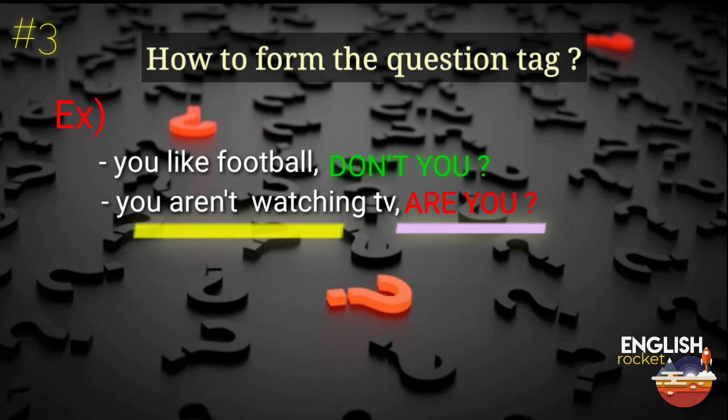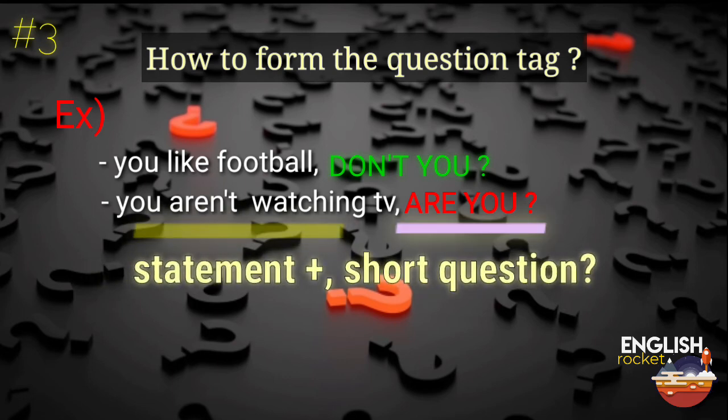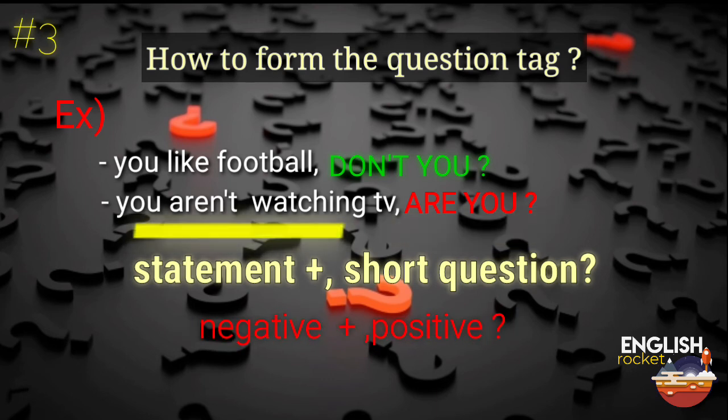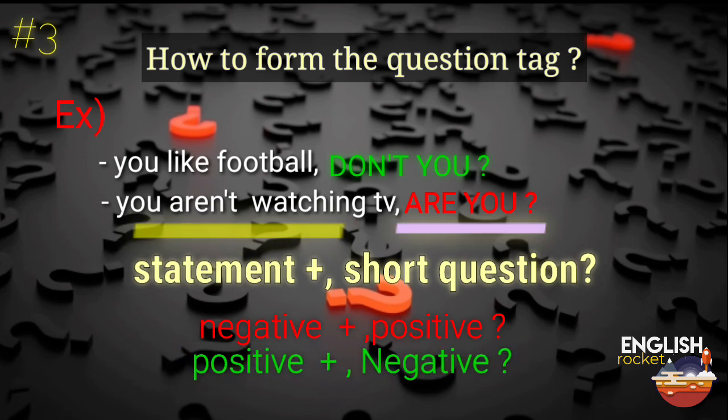So when you are trying to come up with your question tag, you are coming with a statement and a short question. Not only this, if you take this example into consideration, you will notice another thing, which is that if the statement is negative, the question tag comes positive. But if the statement is positive, the question tag comes negative.